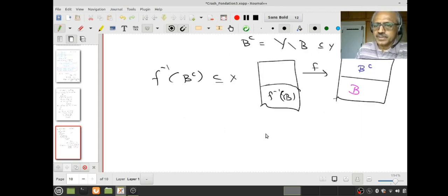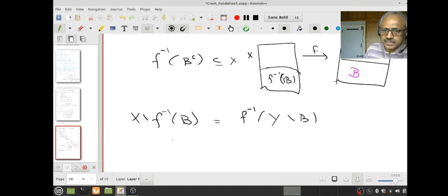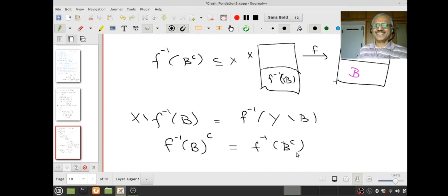What I want to do is, can you guess what I want to show? f inverse of B is a subset of X, right? This is X. Therefore, take its complement, that is X minus this. I want to say this is nothing other than f inverse of Y minus B, which is f inverse of B complement. Okay?